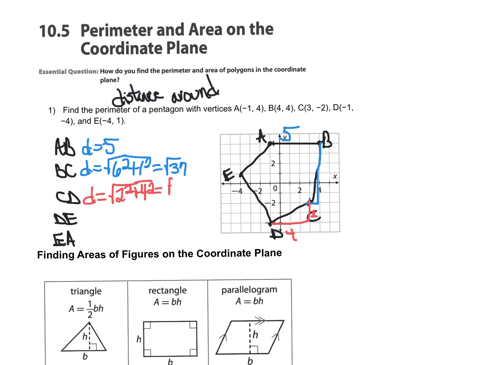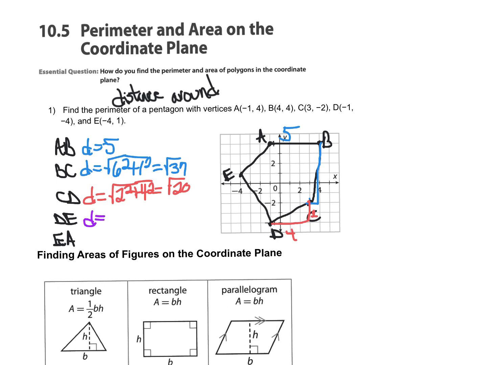Which is the square root, and you could just put this in your calculator. I just don't happen to have a calculator right here with me, and do the square root of 2 squared plus 4 squared, and get your decimal. I have to do it in 2 steps.